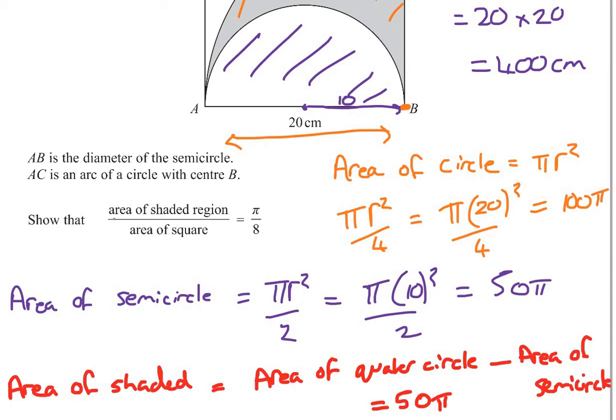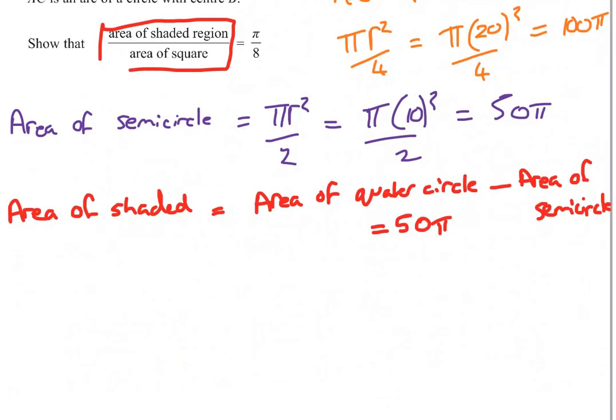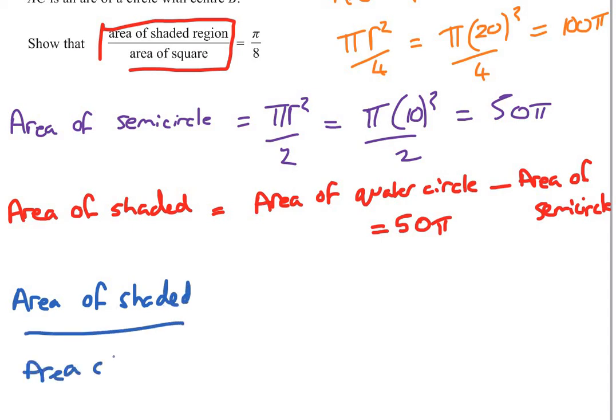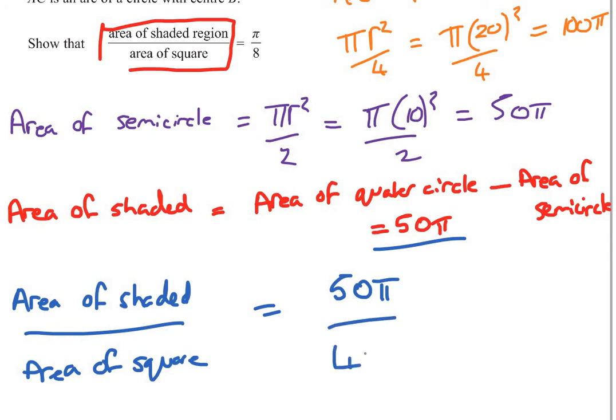Okay, great. So now we need to do this. Area of shaded region divided by area of square. So I'll write that down. Area of shaded divided by area of square. Well, we just showed that the area of the shaded is 50 pi, and the area of the square was 400.